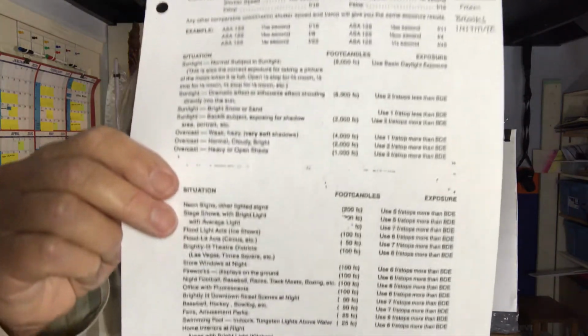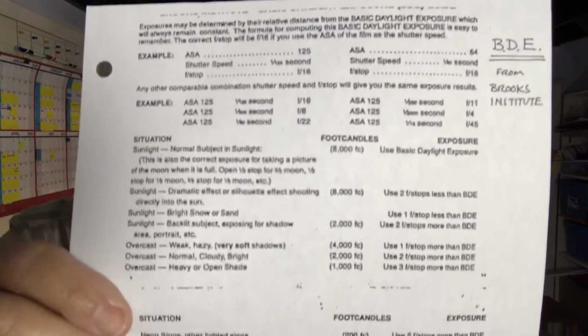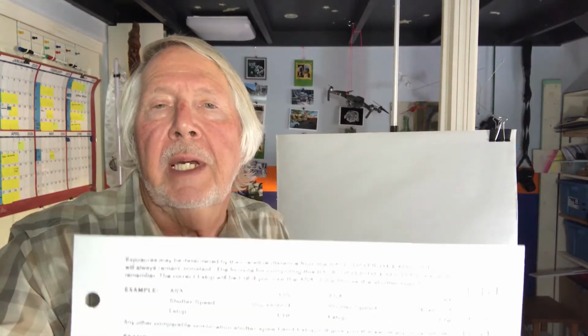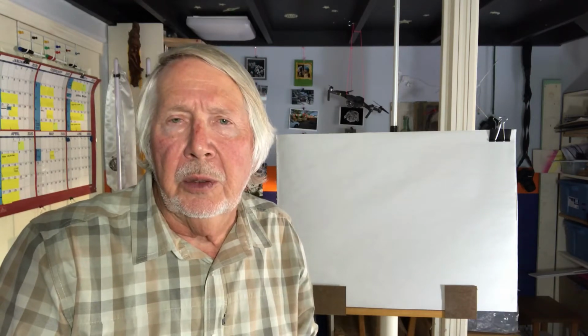Now this is a detailed version of all different kinds of situations that you might run into without your light meter or without your camera's help, and it will help you to get an approximate idea of what f-stops and what shutter speeds to use.